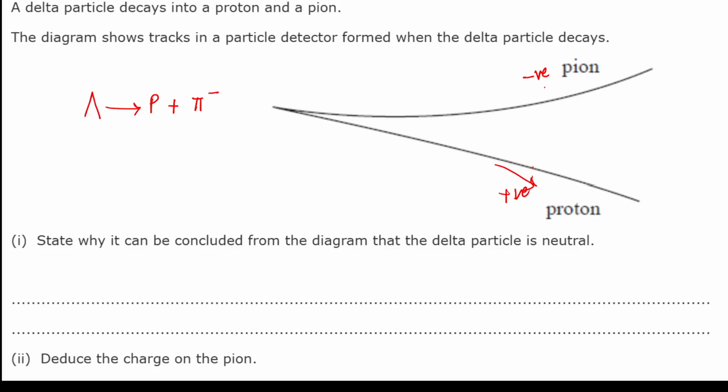It is because the tracks present are opposite in curvature. Now let's do the second part. Deduce the charge on the pion. Obviously the charge on the pion, because they have opposite curvature and the charge has to be conserved, the proton is positive, so the charge on the pion is negative.